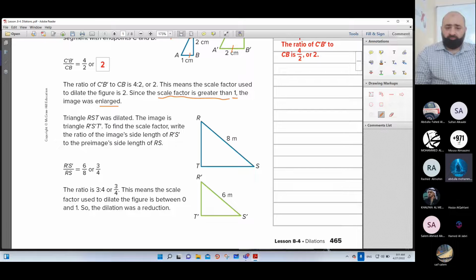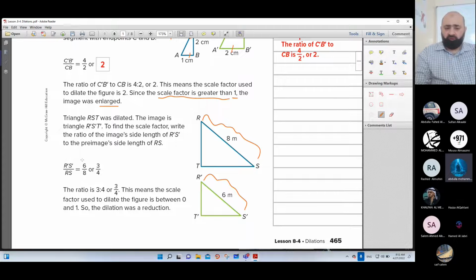R prime S prime is 6, to the corresponding side RS, which is 8.